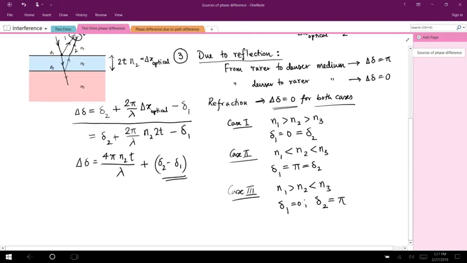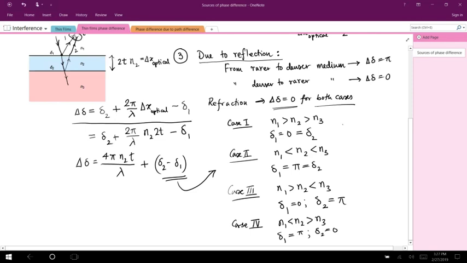And finally, case 4 is going to be n1 less than n2, but n2 greater than n3. And here, the roles of delta 1 and delta 2 are just switched from the previous case, because now delta 1 is going to be equal to pi, and delta 2 is going to be equal to 0. So generally, for thin film interference, we have 4 cases, and those 4 cases essentially tell you what delta 2 minus delta 1 will be.